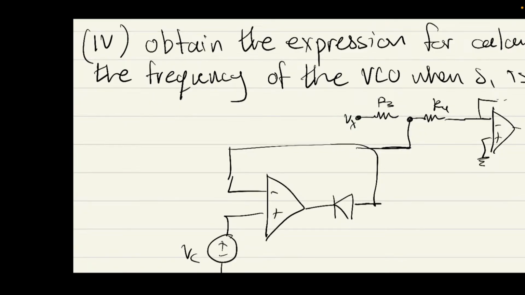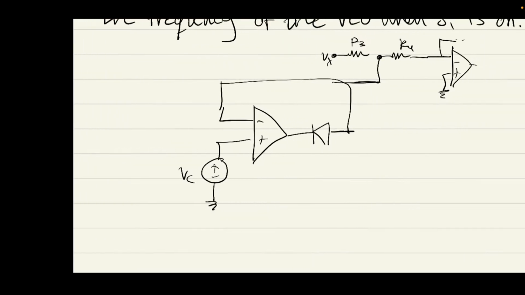The thing we need to recognize is that, first of all, to analyze this, we're going to assume that this diode is ideal.